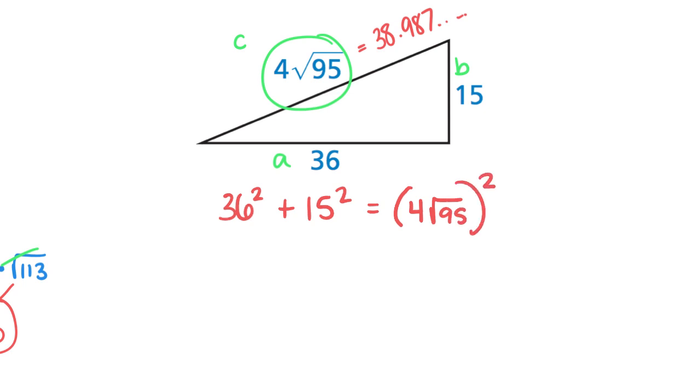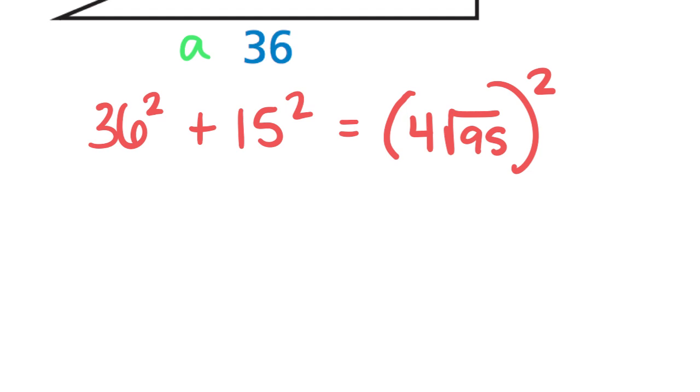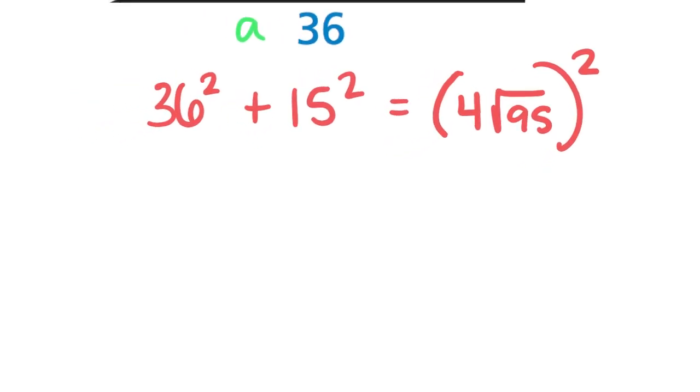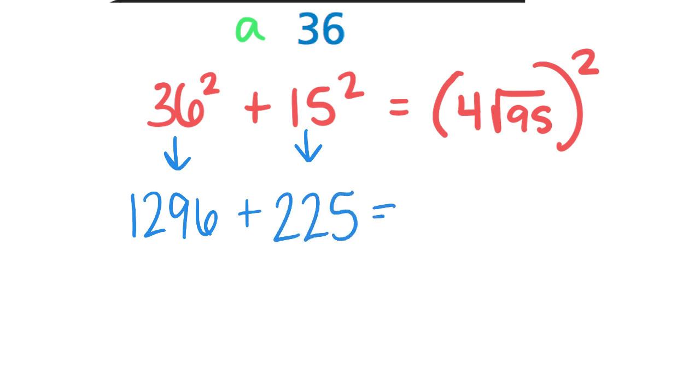I like to put those in parentheses like that when they have radicals. Okay, so let's try to figure out what this is. So 36 squared, you can just use a calculator for that if you need to. That is 1296. And then 15 squared, that's 225, equals.